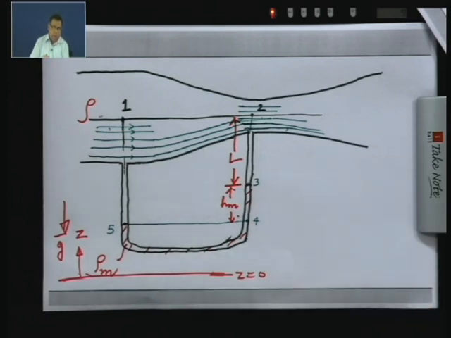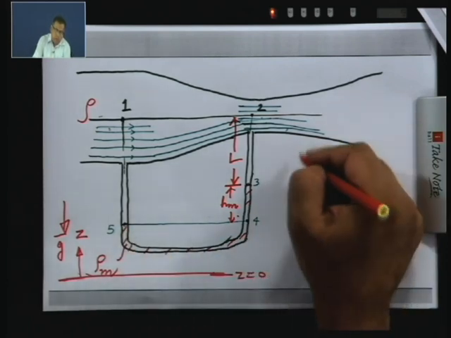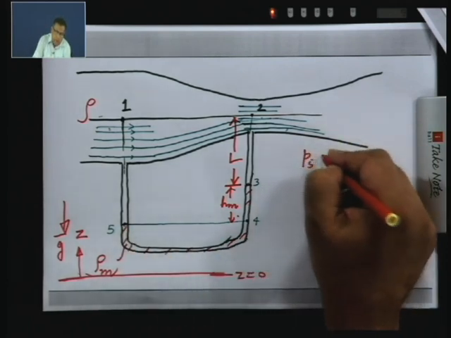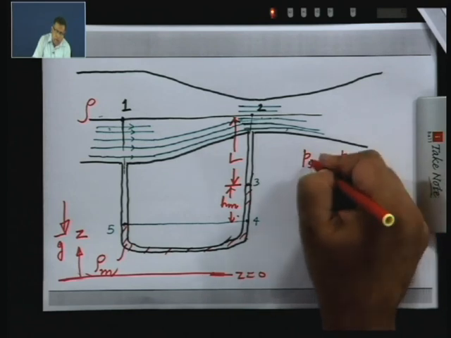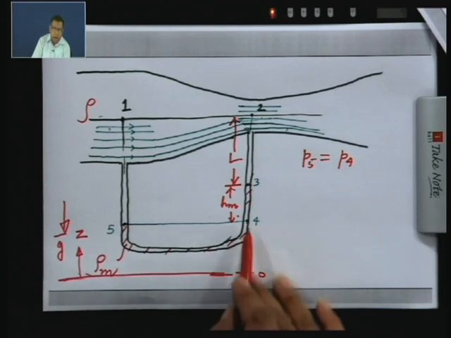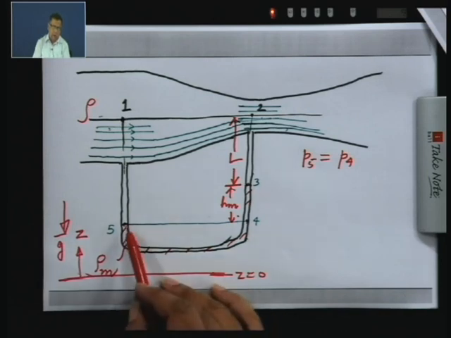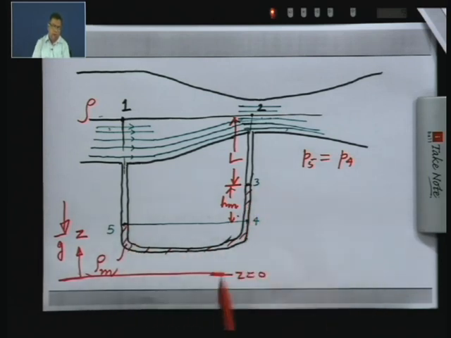Now, we will start with the fact that P 5 equal to P 4. The reason being that 5 and 4 are at the same horizontal level, and they are connected by a mass of fluid of the same density, which is at rest. So, that mass of fluid is a manometer liquid.